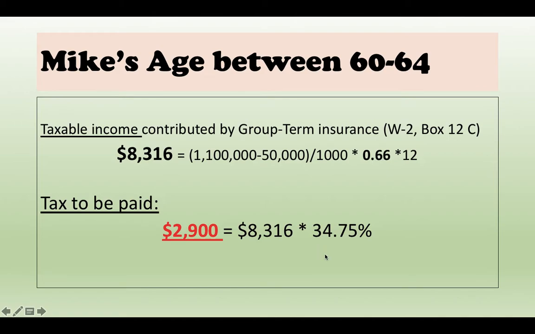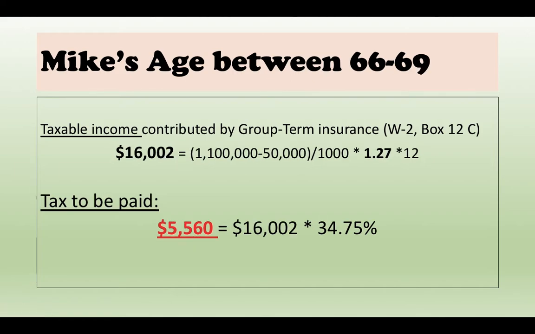That's why earlier I calculated 34.75% as Mike's marginal tax rate. You pay tax on this amount at your marginal tax rate, which gives you 2,900. This is the amount of tax you have to pay for this group term life insurance.